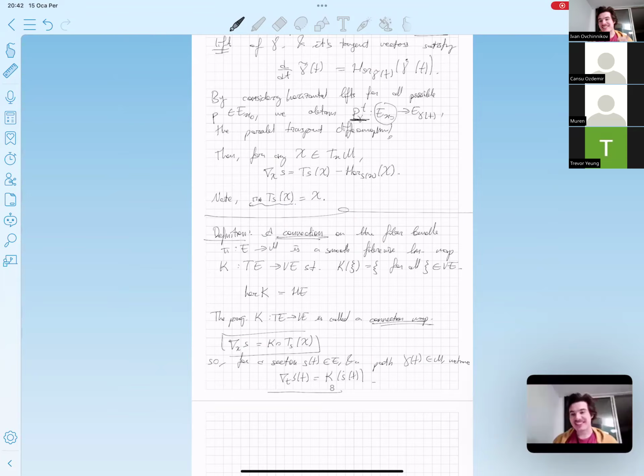That's okay. You'll be a little confused when we talk about gauge invariance.